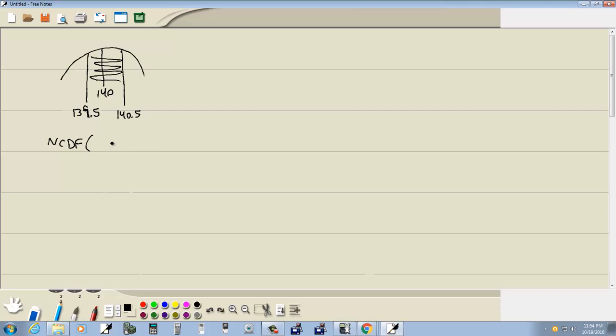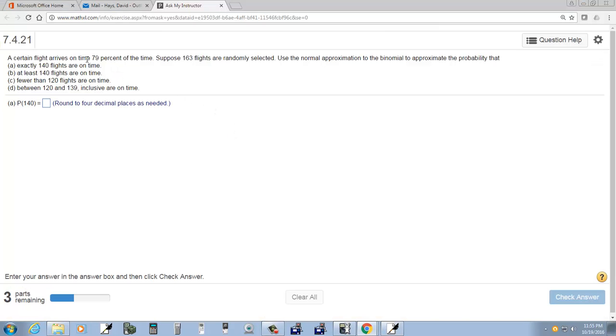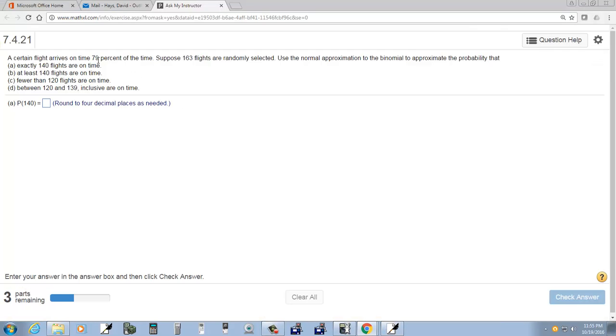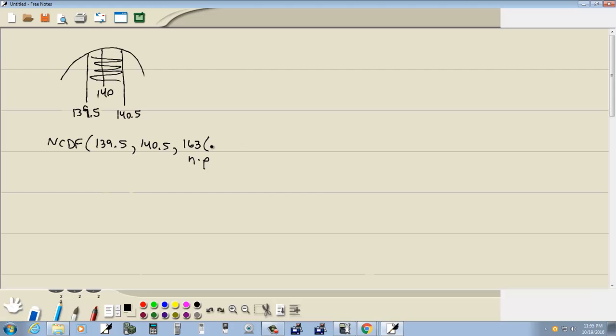Now our normal CDF has our low value, which is 139.5, comma, our high value, which is 140.5, and then n times p. N was 163 times p, and that p is your percent, it's given, 79%.